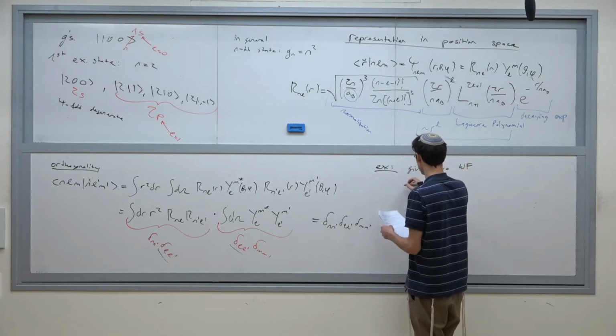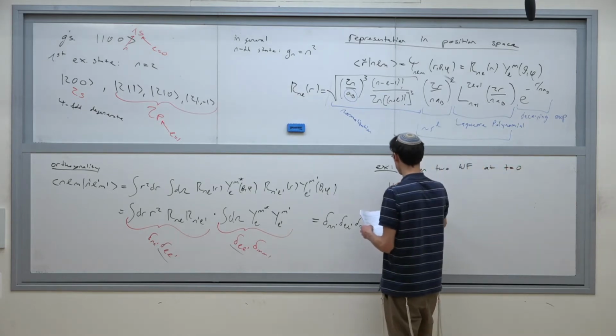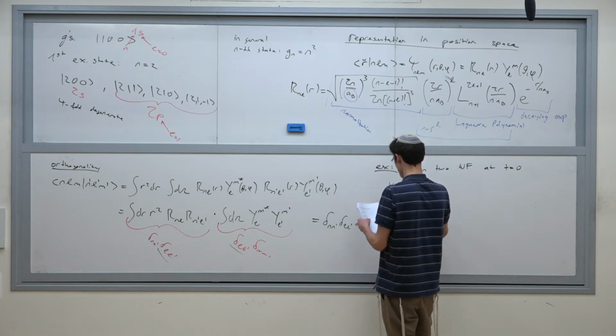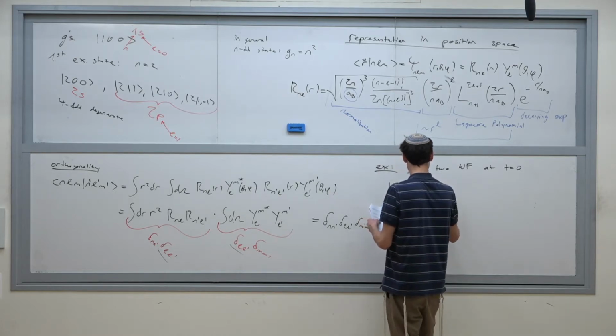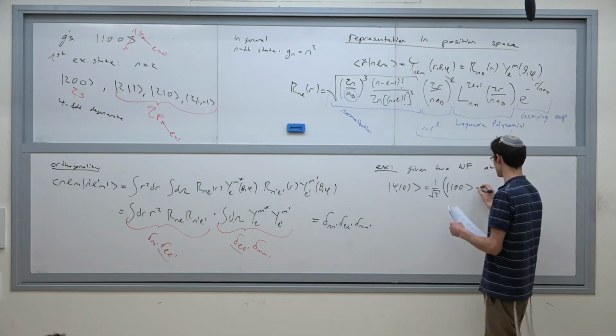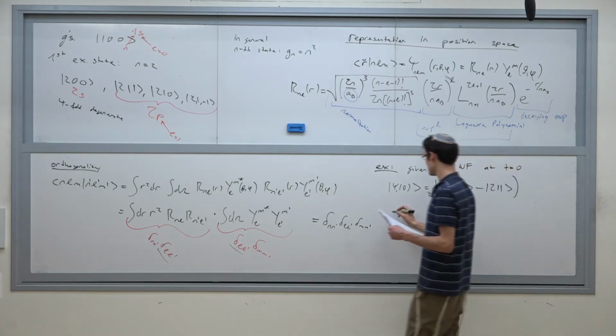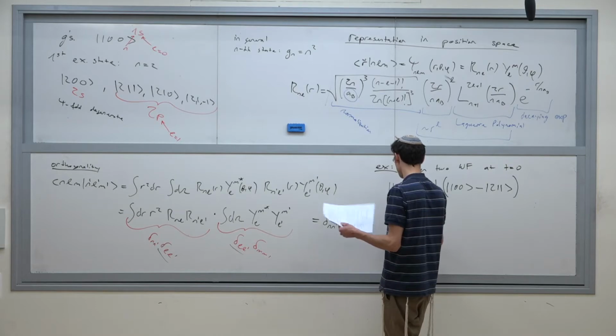We're given two wave functions at t equals 0. First one, the superposition of 1, 0, 0 minus 2, 1, 1. These are hydrogen eigenstates, obviously.